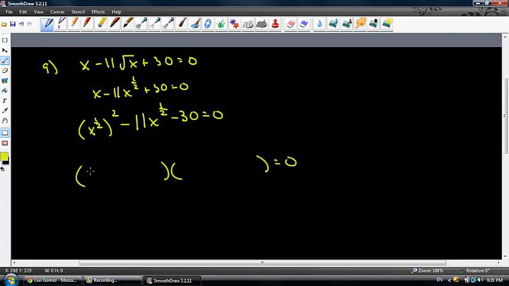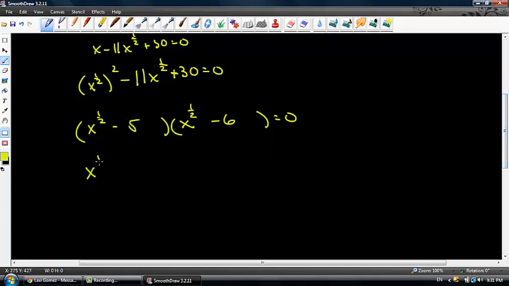So we're going to get x to the 1/2, x to the 1/2, two numbers that multiply to negative 30. I'm sorry, whoops, plus 30. Sorry. So that makes it easier, negative 5, negative 6. Awesome.